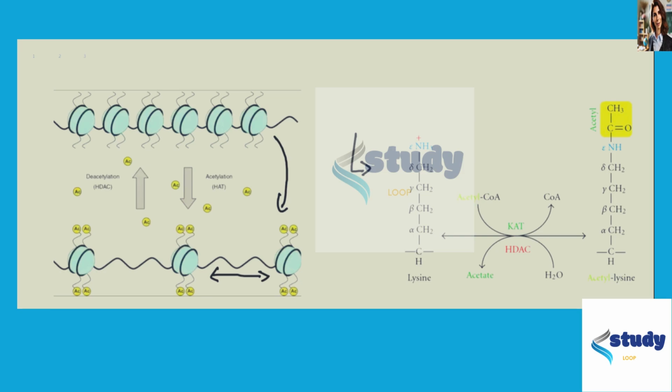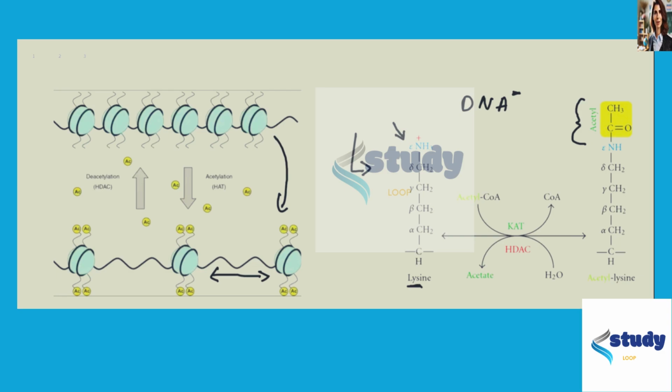Histones are usually acetylated at lysine residues. Lysine residues are generally positive in the cell. When you add an acetyl group to that lysine residue, you are removing that positive charge. This matters because DNA is negatively charged because of the phosphates in the backbone of the DNA.